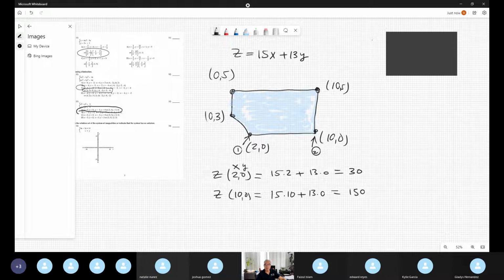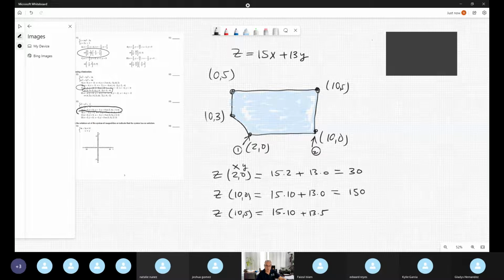Because it's the maximum. And we evaluate 10,5: 15 times 10 is 150, plus 13 times 5 is 65, together is 215.